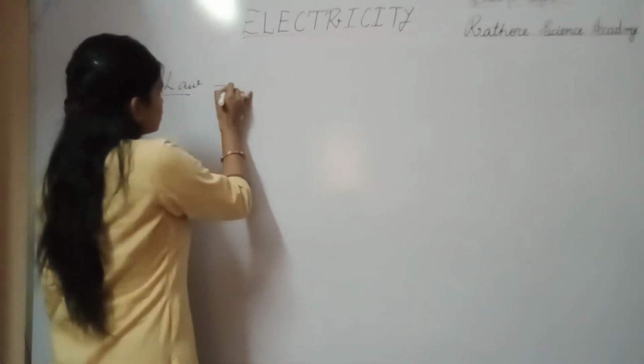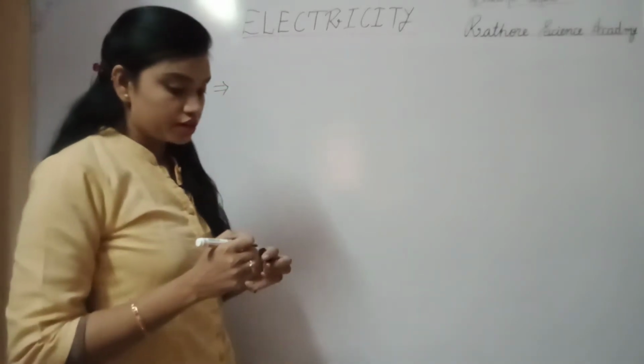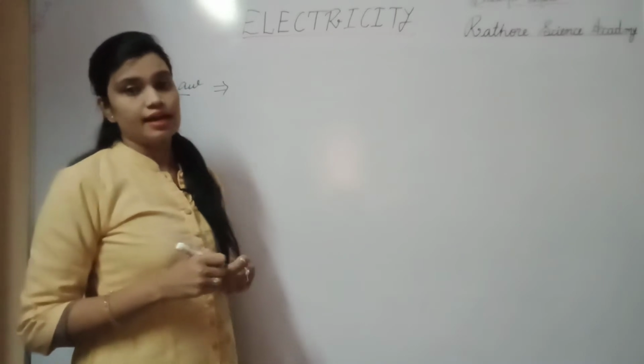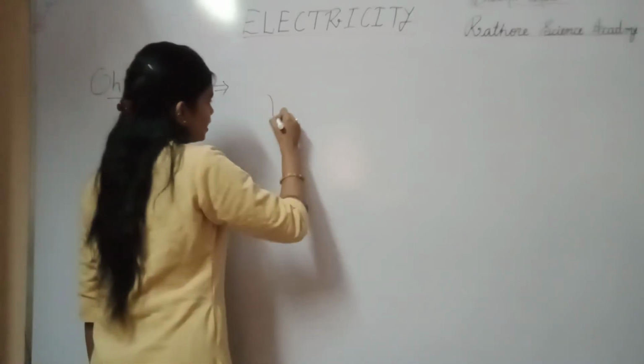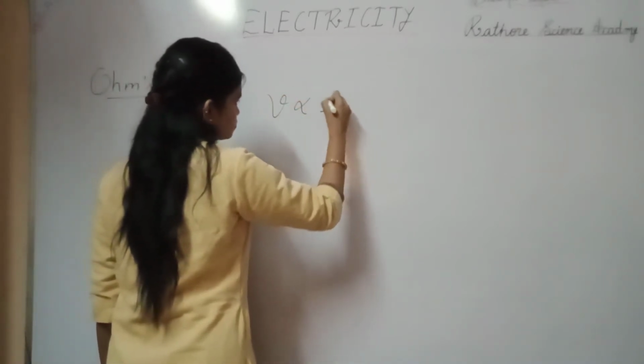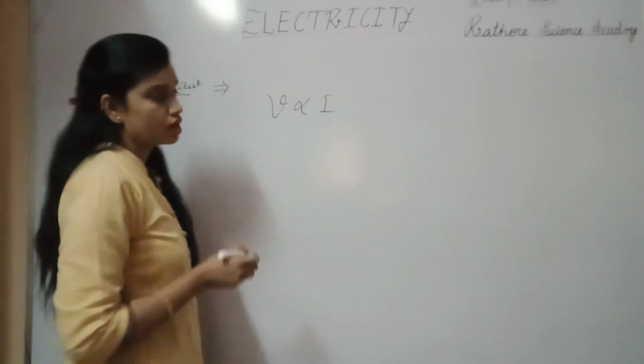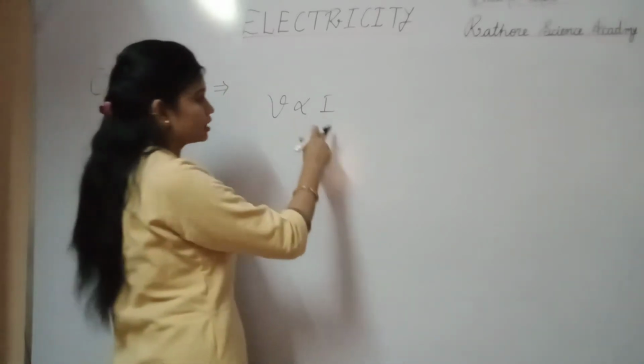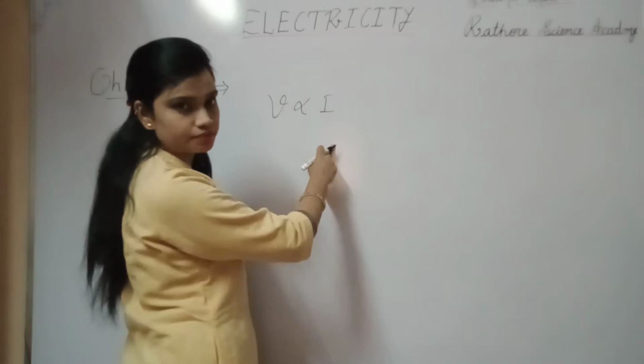According to Ohm's law, V is directly proportional to I. V is the potential difference, which is directly proportional to the current.